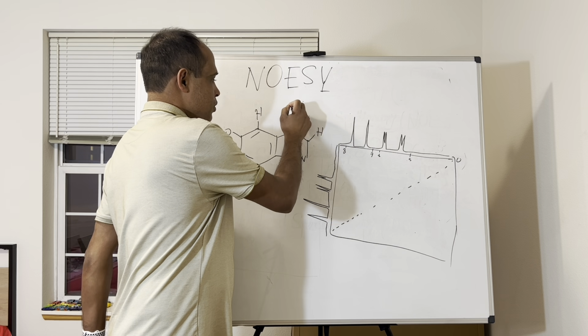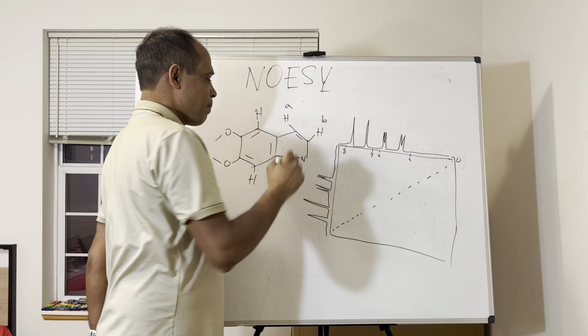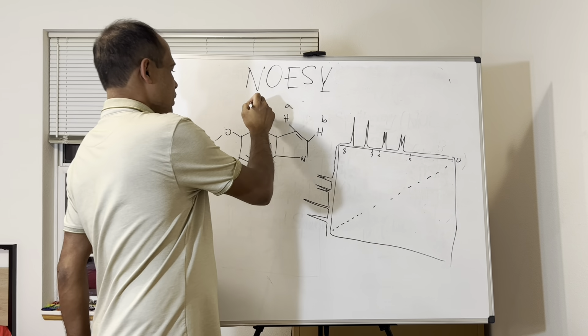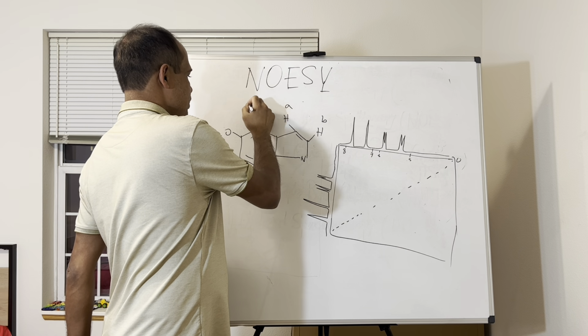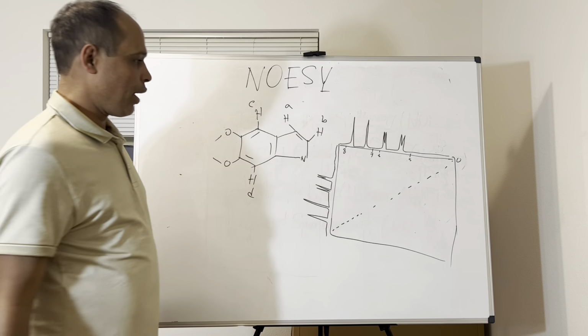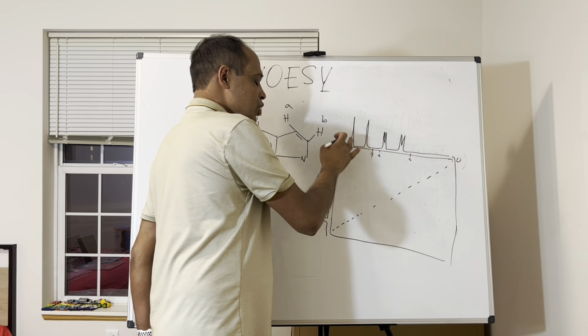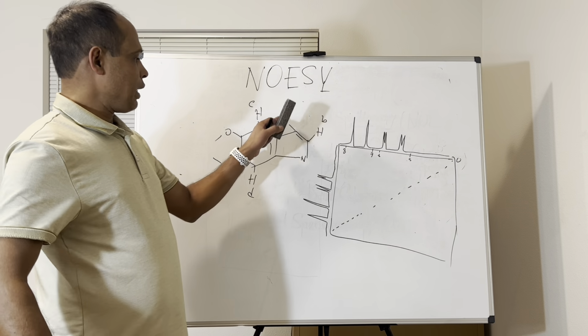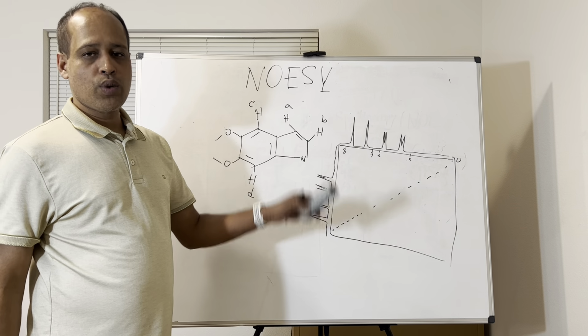Suppose it is A and it is B, okay, and in the aromatic it is C and it is D, okay? So now we need to know first, especially for A and B, which one is A and which one is B.